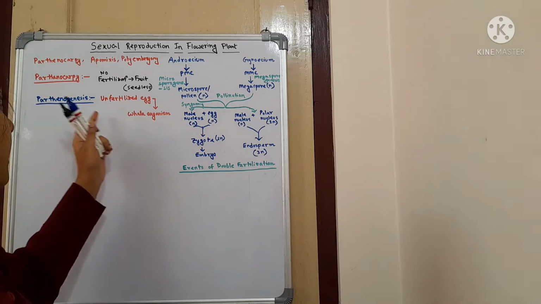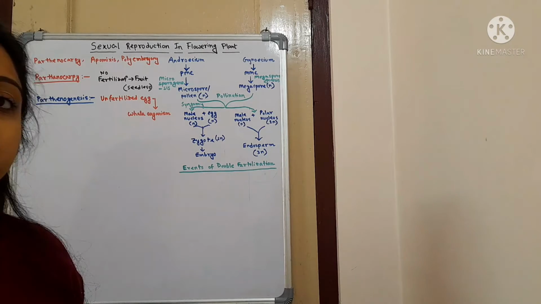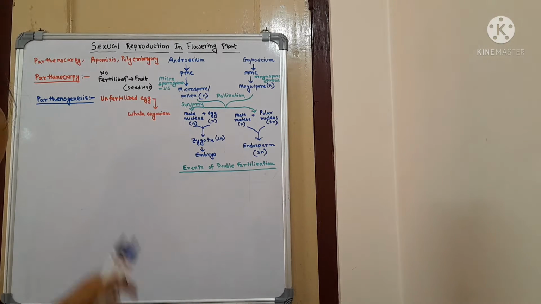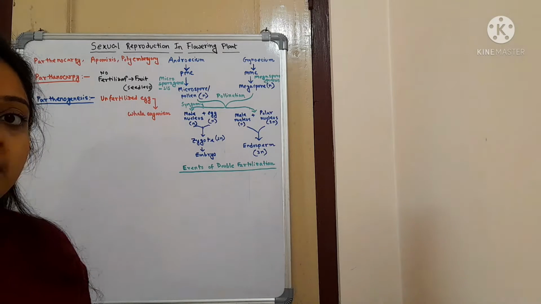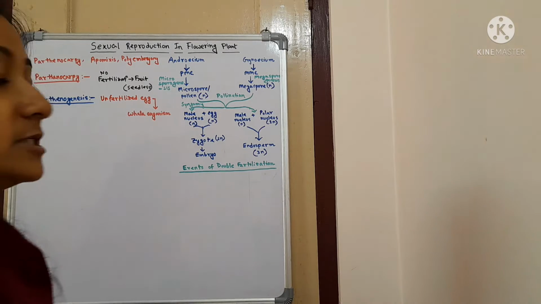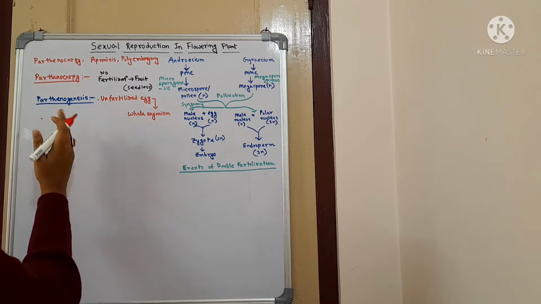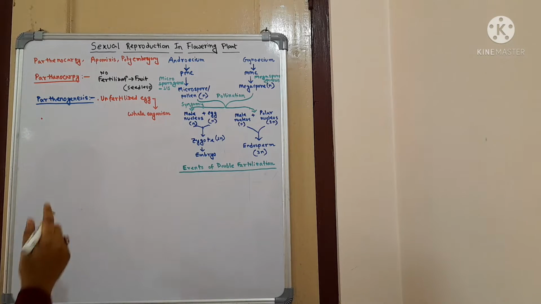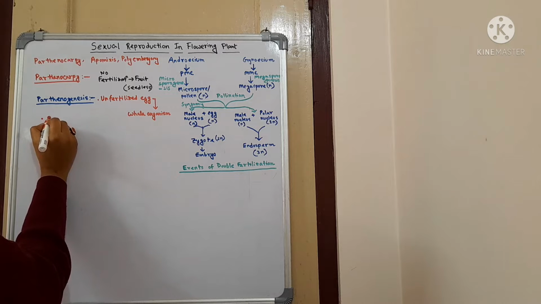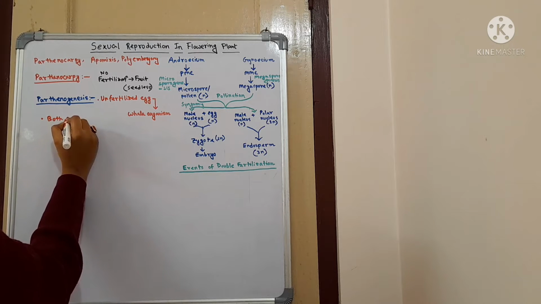And as the whole organism can be produced from the unfertilized egg cell, this event can happen in both plants and animals. So in the second point, we can differentiate between parthenogenesis and parthenocarpy, as this can occur in both plants and animals.